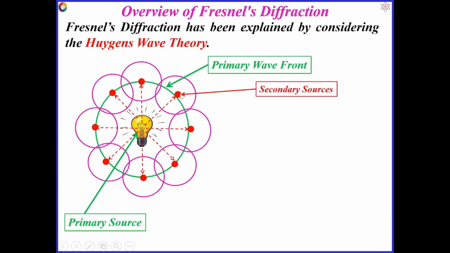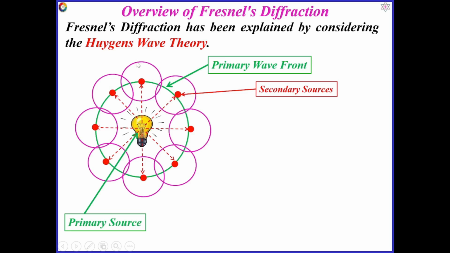Okay, but this wave front will be called the secondary wave front for the primary source. If this is your secondary source, this will be the primary wave front for this source, but this wave front will be considered as the secondary wave front for this primary source.